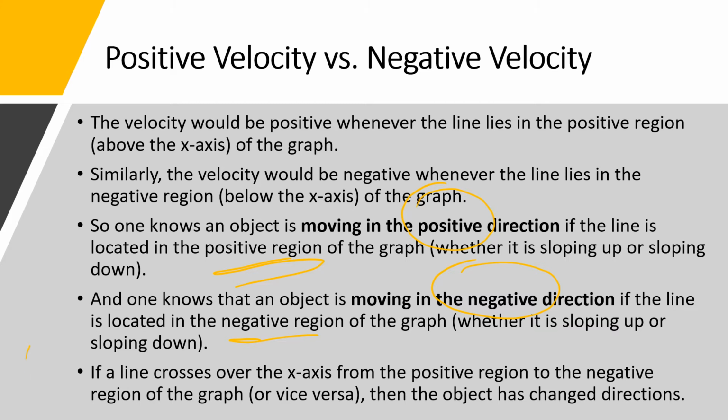If a line crosses over the x-axis from positive to negative or vice versa, that's when the object is considered to be changing directions.